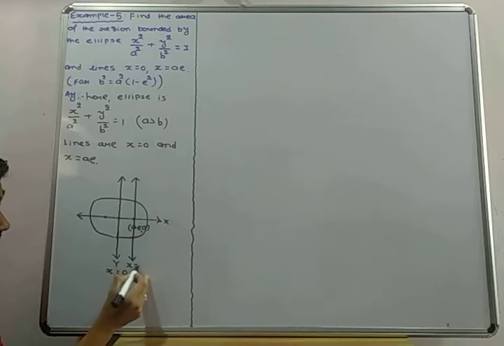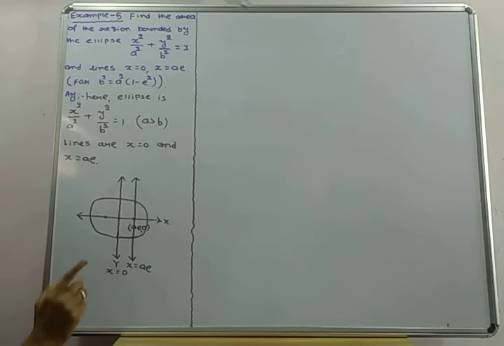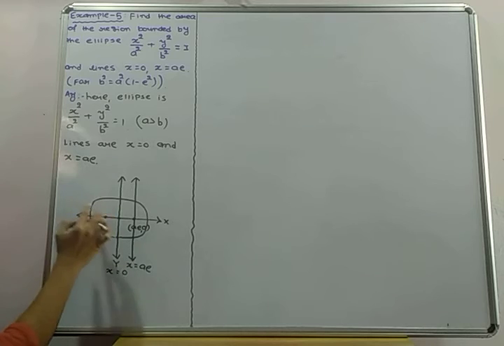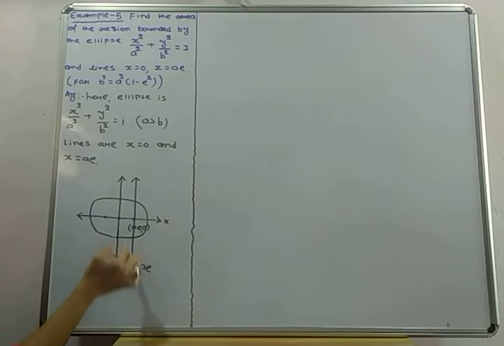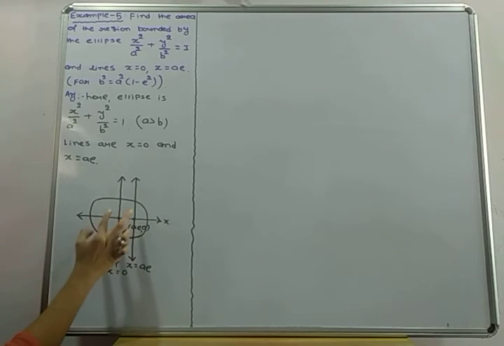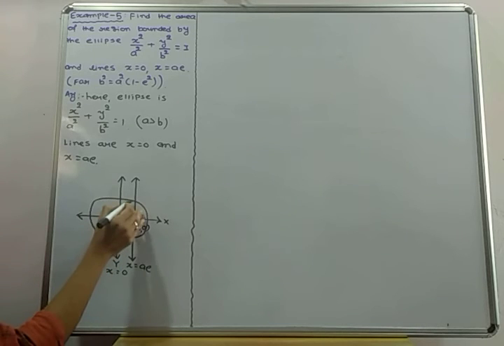Now this is x equal to ae. So here three data: area enclosed by ellipse, x equal to 0 and x equal to ae. So these two lines x equal to 0 and x equal to ae and ellipse. So this part or not?